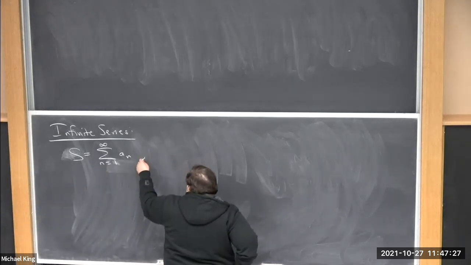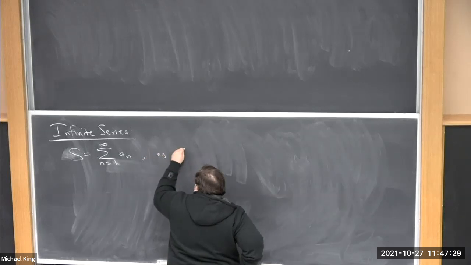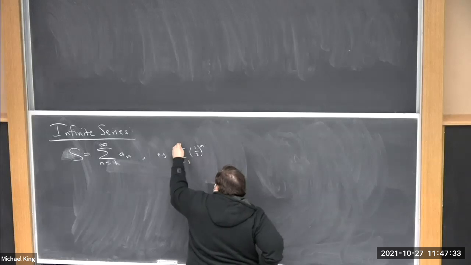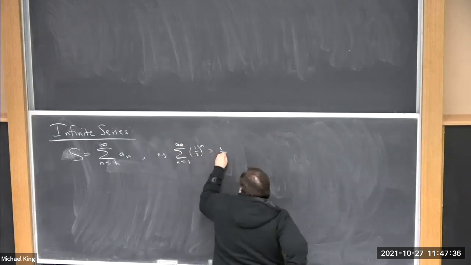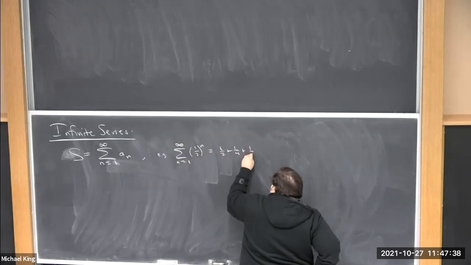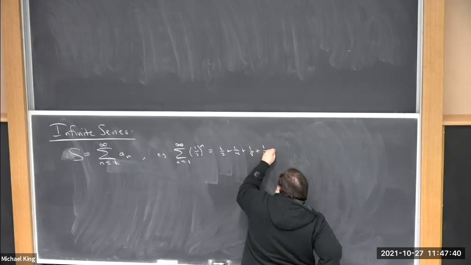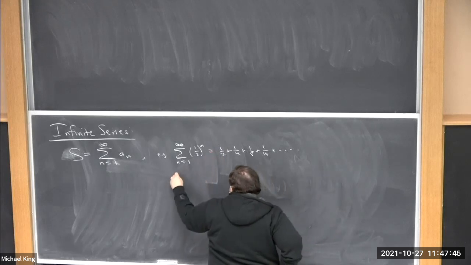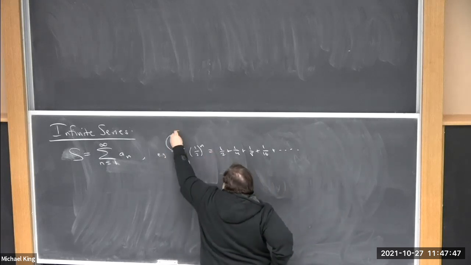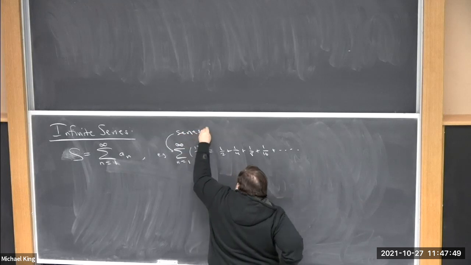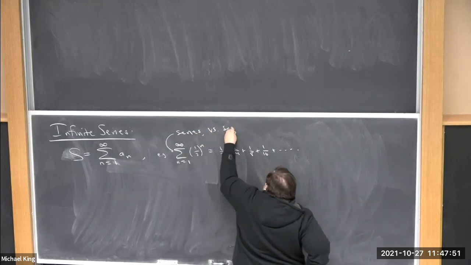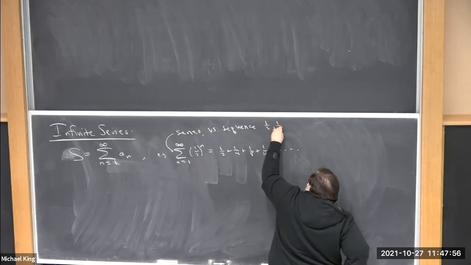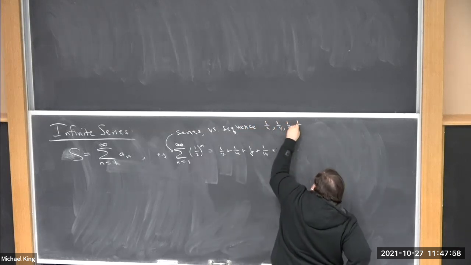We've seen a bunch of these. A very simple example we had was a half plus a quarter plus an eighth plus a 16th plus so on. Notice that's a series, versus a sequence, like 1/2, comma 1/4, comma 1/8, comma 1/16, and so on.